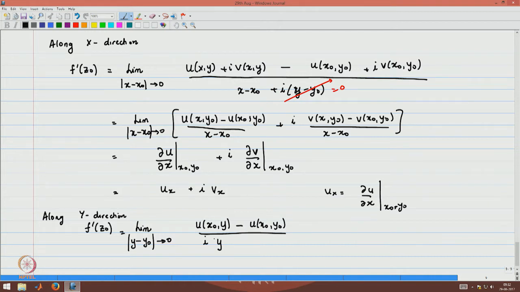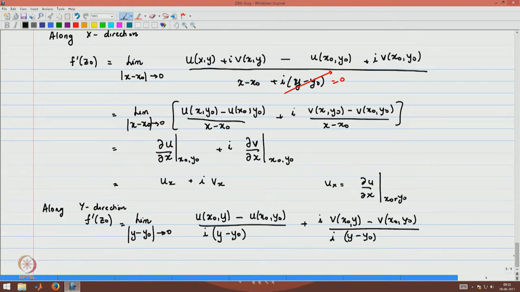So, there is i times y minus y 0. So, along this, x is equal to x 0, but y minus y 0 is not equal to 0. So, you have the first term going to 0, okay, and you should have plus i times, now you have v of x 0 y minus v of x 0 y 0 divided by i times y minus y 0.